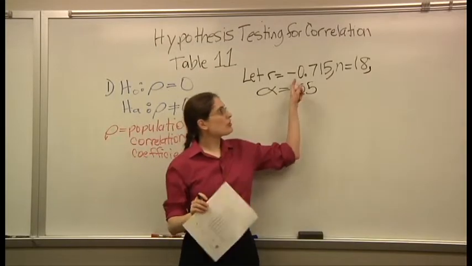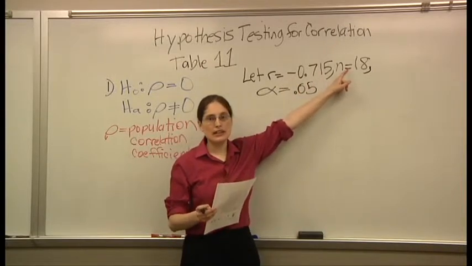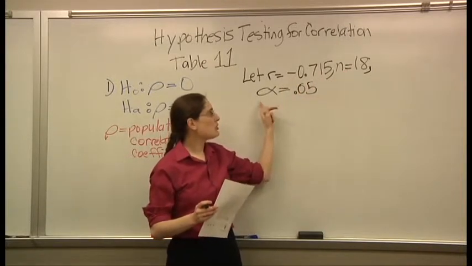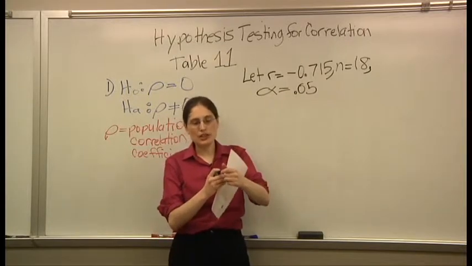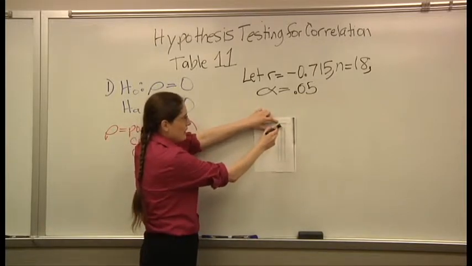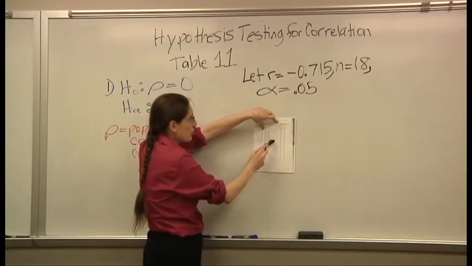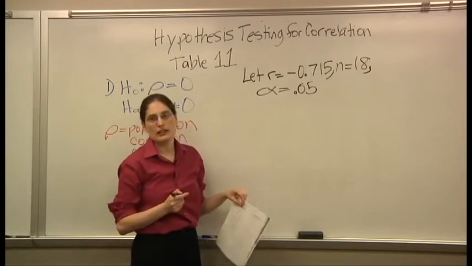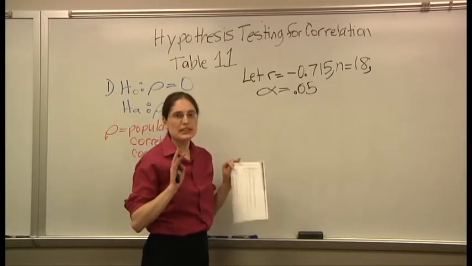If the correlation coefficient is negative 0.715, n is 18, and your level of significance is 0.05, let's look at the table. You look down the 0.05 column and across row 18. We don't have to do any n-1 here. This table is easy.